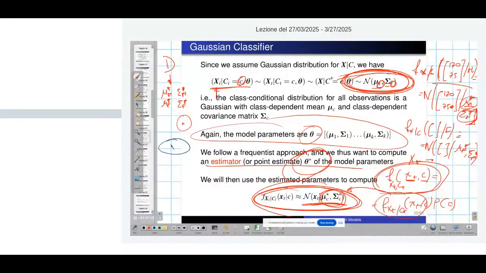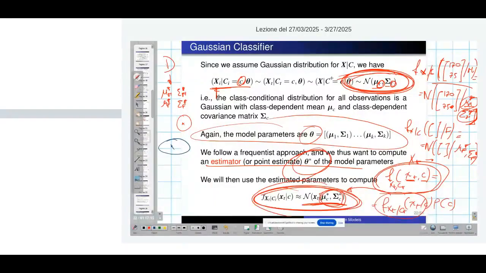So the maximum likelihood solution for the whole problem is obtained by finding the maximum likelihood solution for each class independently. So what we did before, we said let's fit a Gaussian density to the male and let's fit a Gaussian density to the female independently, is indeed correct if the model parameters are assumed to be independent, so different for each class.